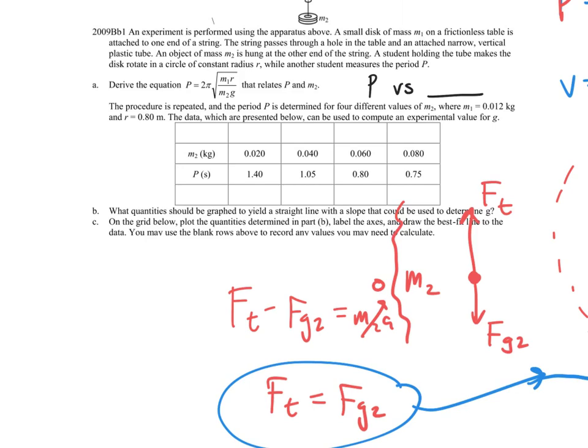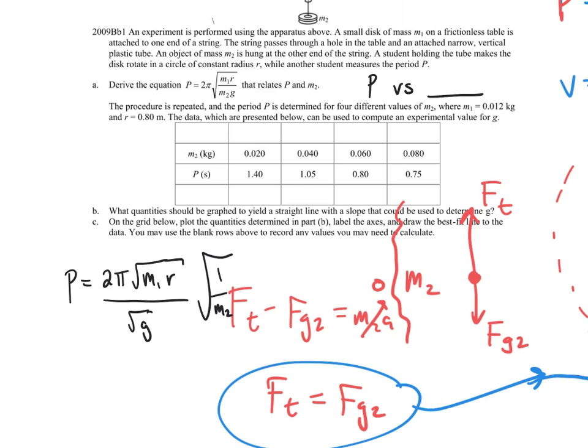If we want a straight line and M2 is in the denominator, let's plot it with P equals 2 pi in front. M1 and R are constants, you want G as your slope, so let's put G here for a moment, and then this is going to be 1 over M2.